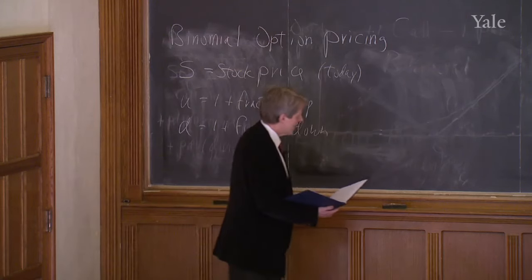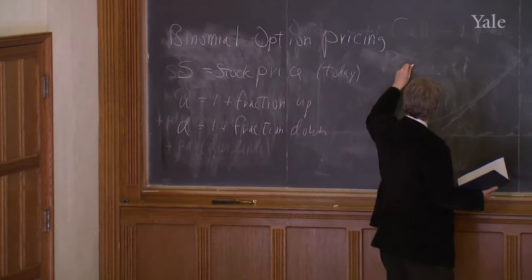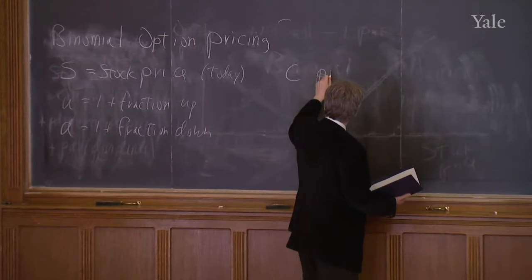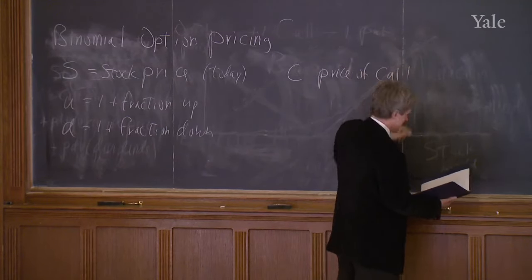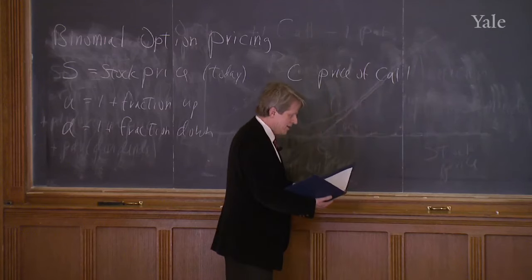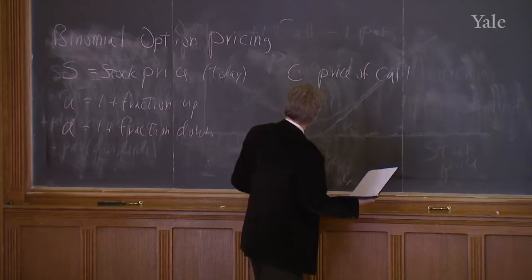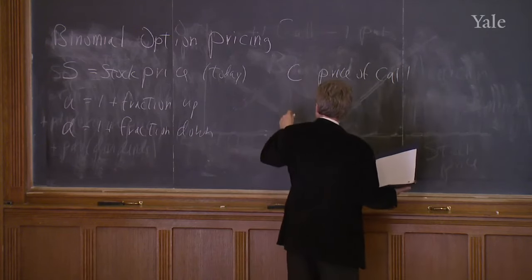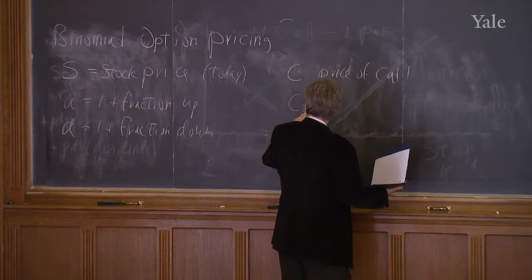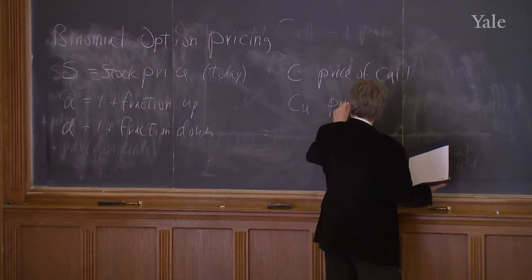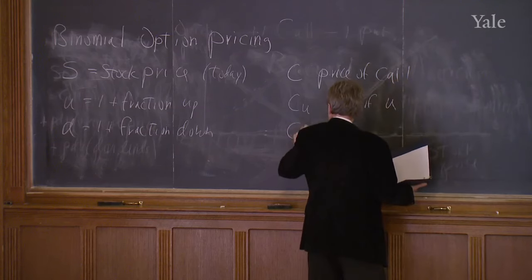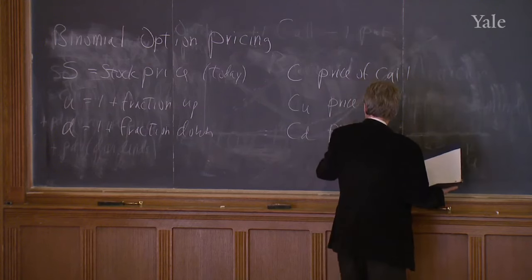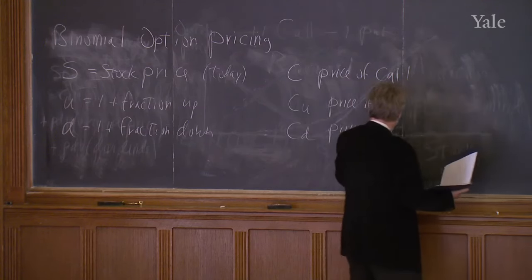But now we have a call option. Call C the price of the call. We're going to try to derive what that is. But we know from our broken straight line analysis, we know what C sub U is, the price if the stock goes up, and we know what C sub D is, the price if down.